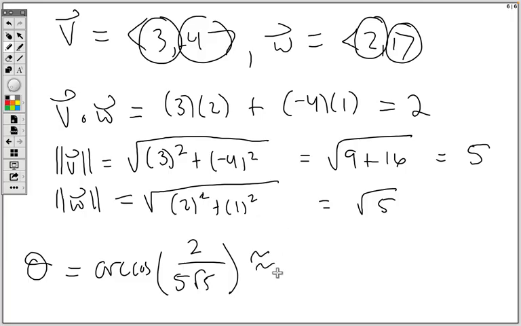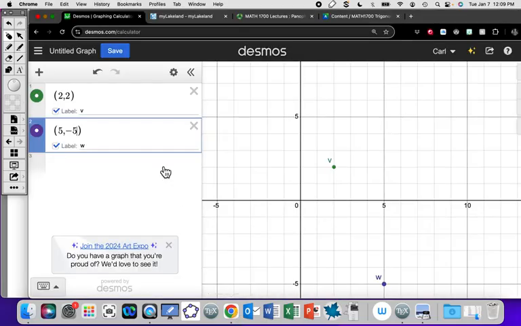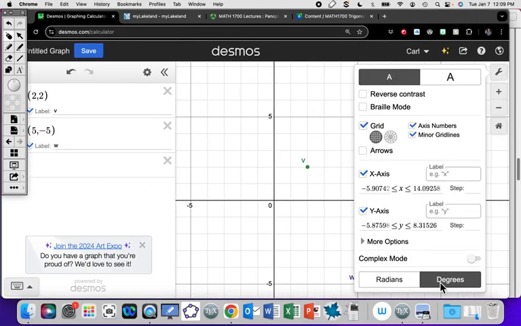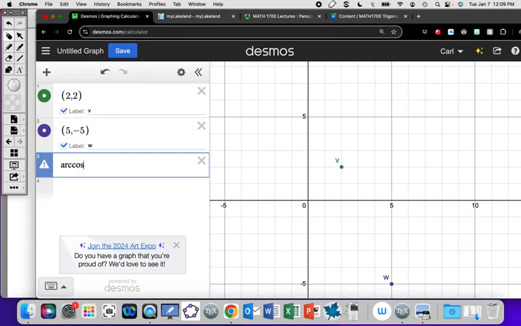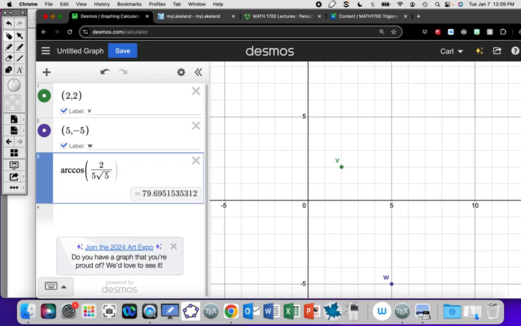Let's approximate this, and we'll approximate it with degrees since we're a little more comfortable with that. So go to degrees here. Arc cosine of 2 over 5 square root 5. So that's roughly 80 degrees.